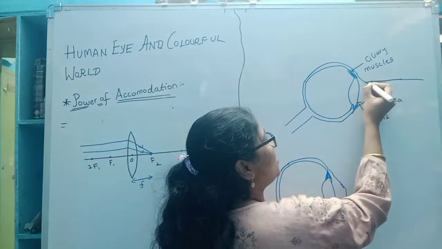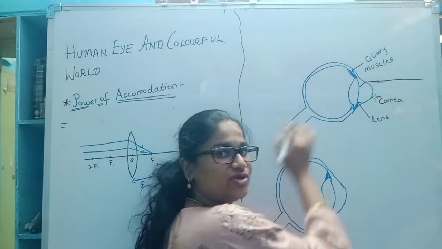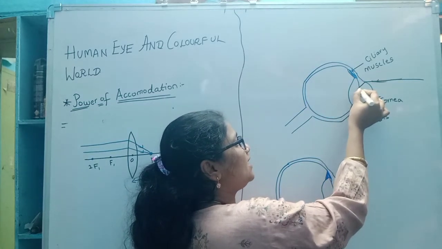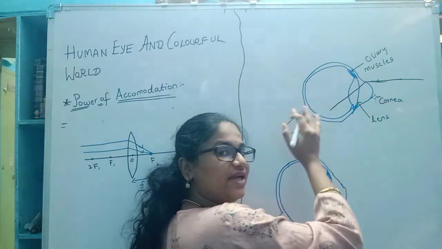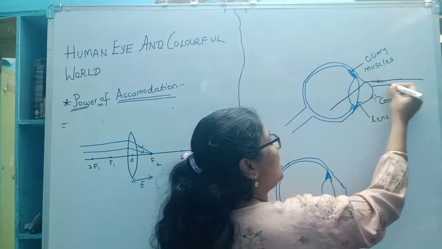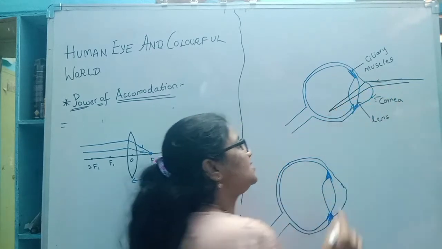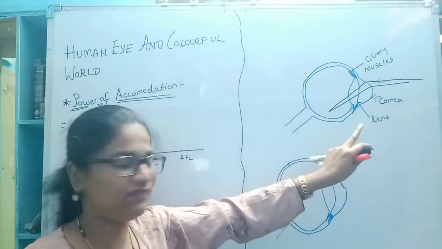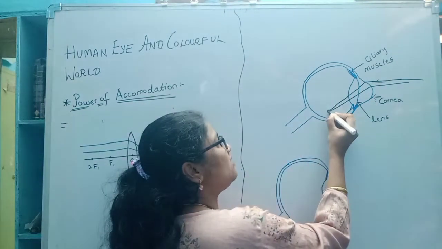The first refraction occurs at the cornea, so the light ray bends. Again it travels through the lens and bends again. As both the lens and the cornea are convex surfaces, the image is formed somewhere here.